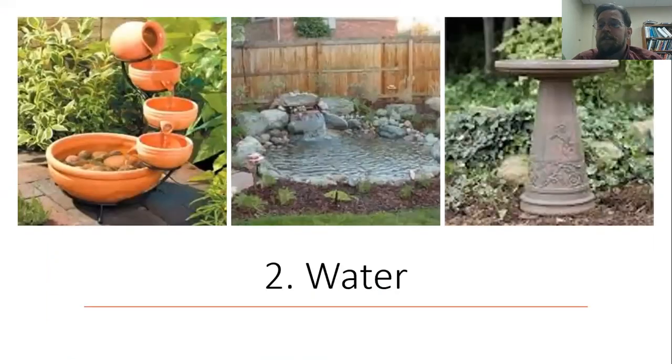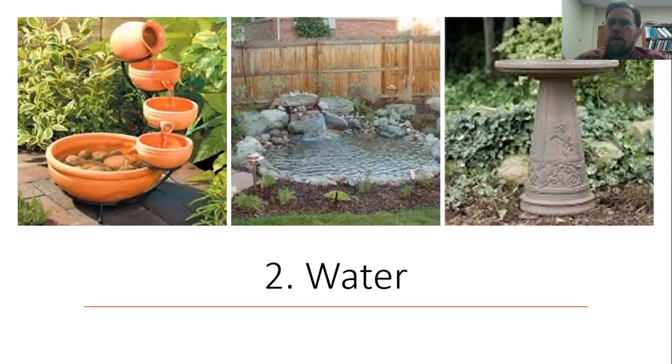Of course, the next thing that we do need to have in the landscape for animals is going to be water. And it is important to have a water source that's going to be available and really accessible to the different kinds of animals that are going to be feeding in that.